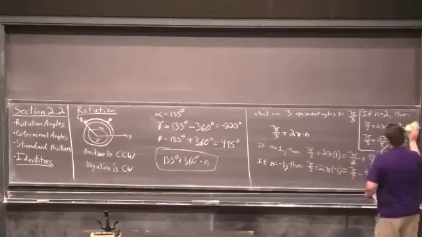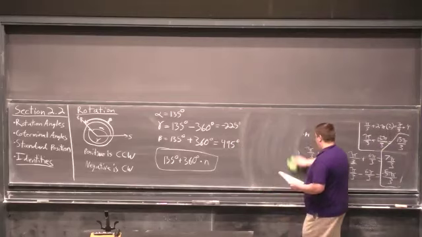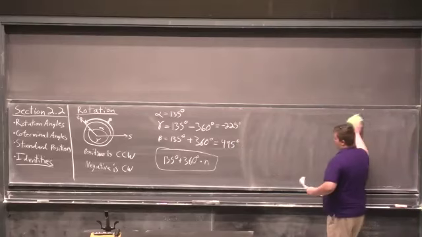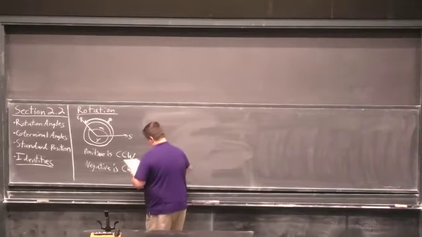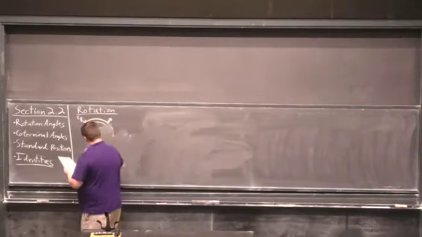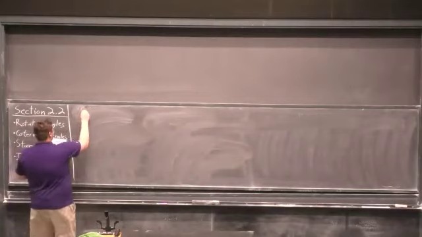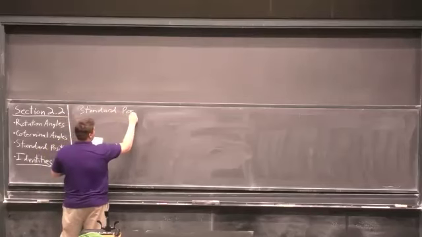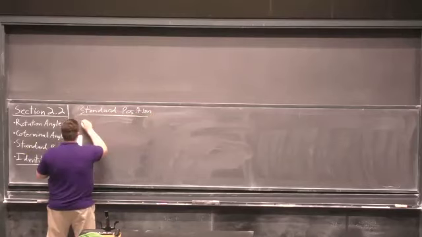So now we want to have a standard way of talking about these angles. And so this gives rise to the notion of a standard position. So a standard position is two conditions.